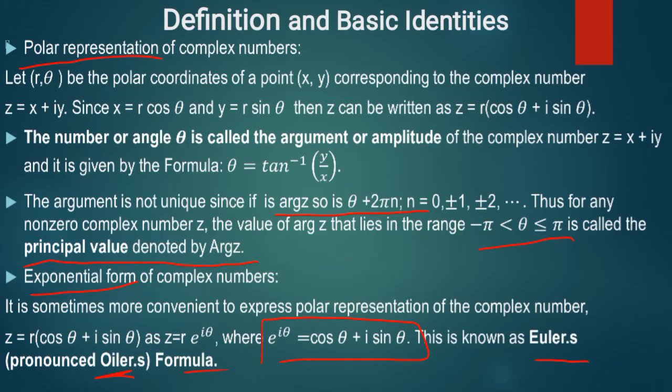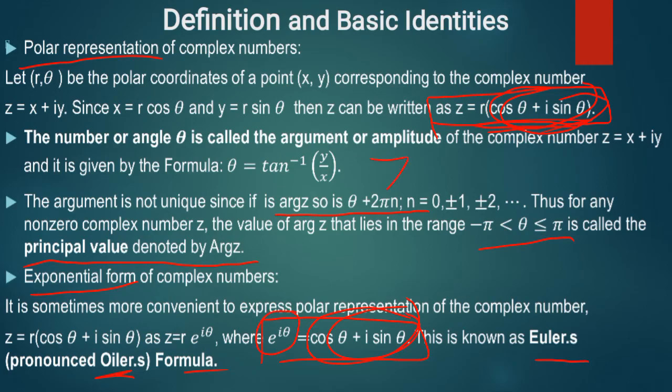But we know already from the polar representation that z is the same as r into cos theta plus i sine theta. We had proven that earlier on. Now just watch this. This is Euler's formula, see it here. Wherever I see cos theta plus i sine theta, I put e to the i theta.